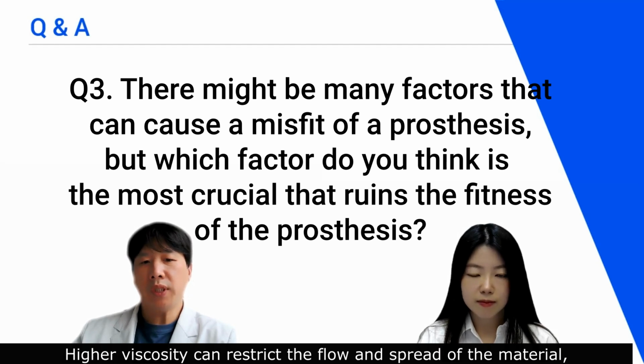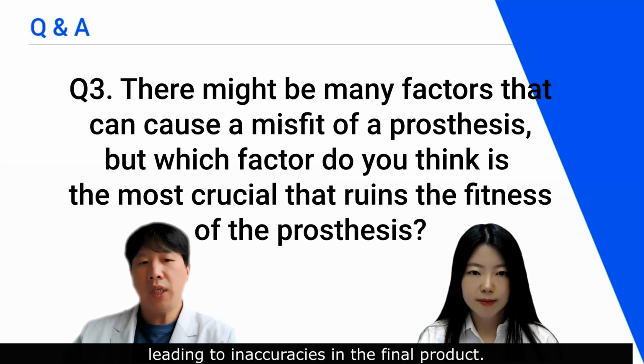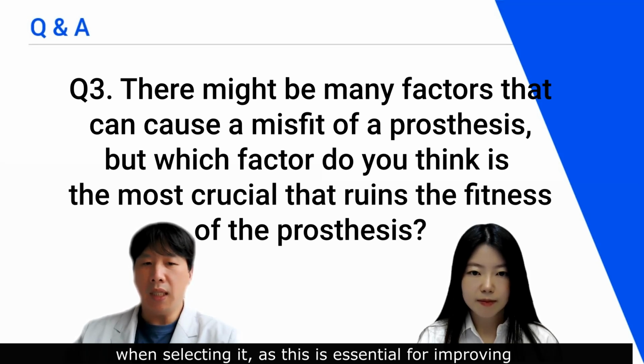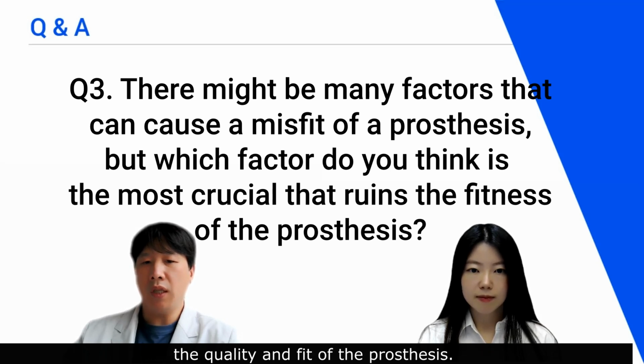Higher viscosity can restrict the flow and spread of the material, leading to inaccuracies in the final product. Therefore, it is imperative to carefully consider the viscosity of the material when selecting it, as this is essential for improving the quality and fit of the prosthesis.